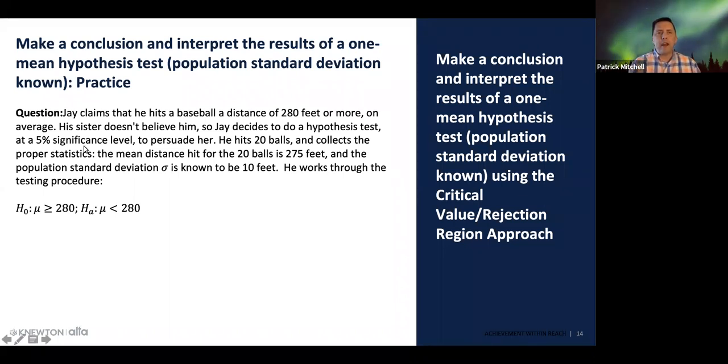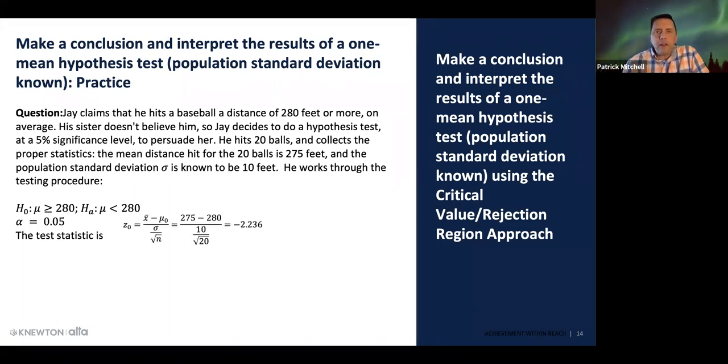As soon as I read that Jay claims he hits a baseball 280 feet or more, I knew that was going to have to be the null hypothesis because that contains equality. 280 feet or more is greater than or equal to 280. Okay, so we will be testing Jay's claim in this problem. The next step, alpha equals 0.05, that was given in the problem, 5% significance level.